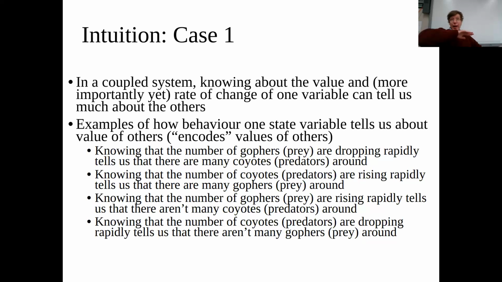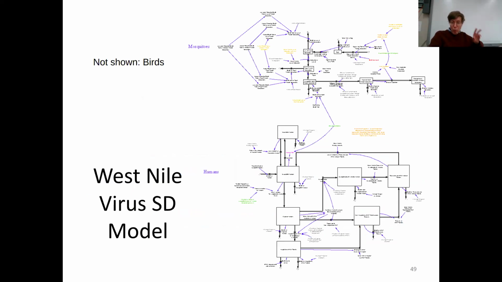And it's likely that in the next little bit, the number of recovereds will be rising quite quickly because these systems are coupled. What we measure at one place whispers to us about what we measure in another.